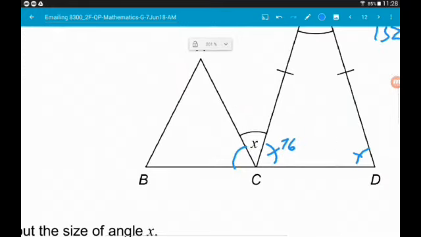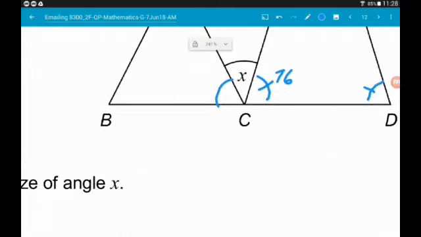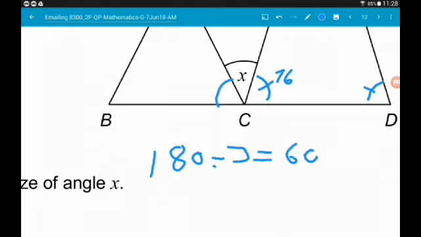Remember, ABC is equilateral. That means all the angles inside are the same size. So this angle is going to be 180 divided by 3, which is 60.